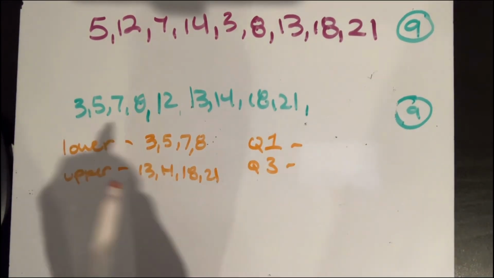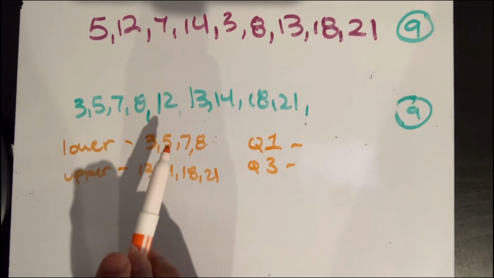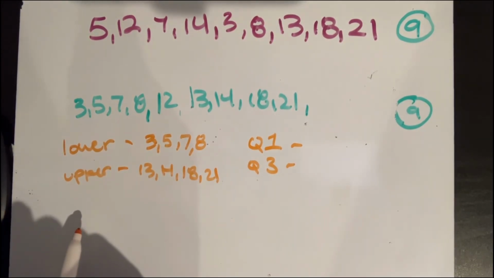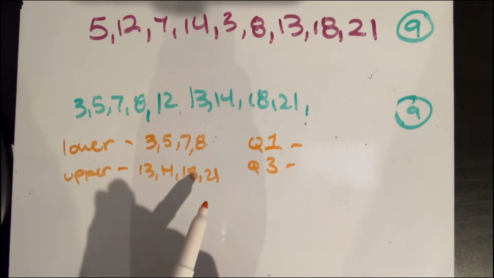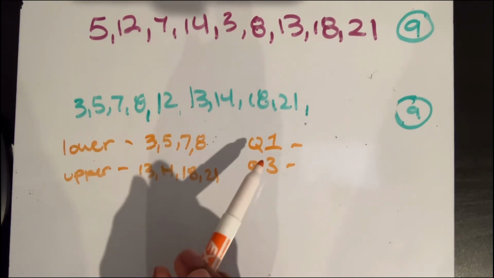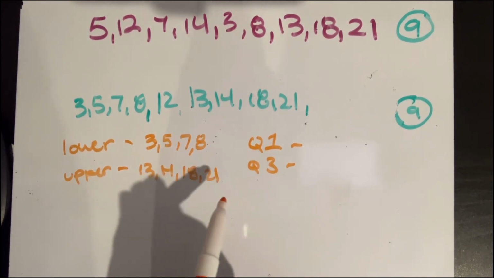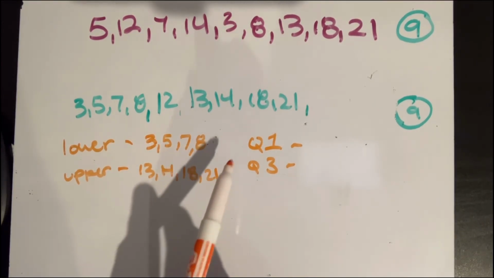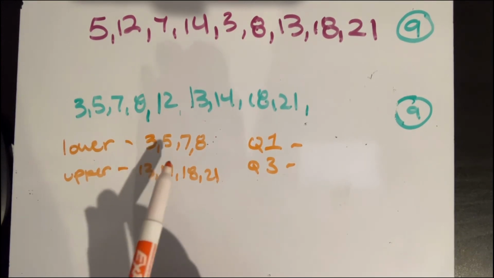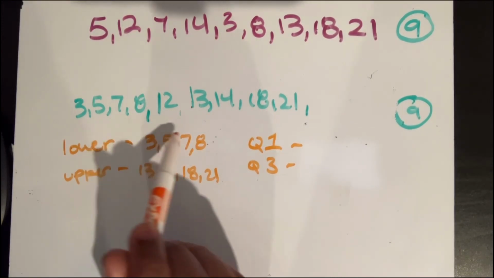Now we know that our lower half consists of 3, 5, 7, and 8, and our upper half consists of 13, 14, 18, and 21. But in order to find the upper and lower quartiles, we have to find the median of each half. So, since these are even numbers, we're going to divide the 2 numbers in the middle.